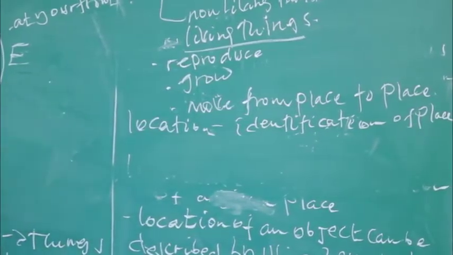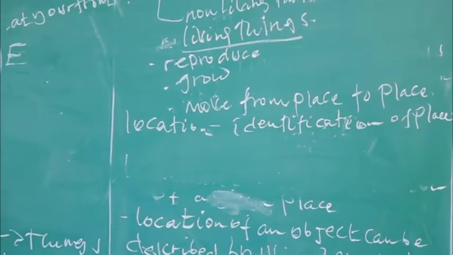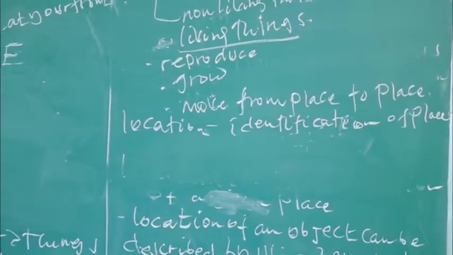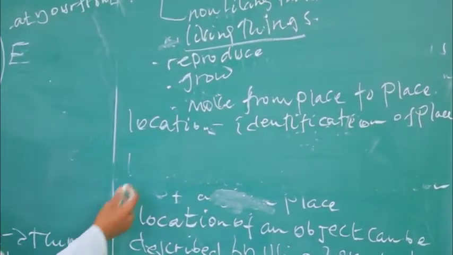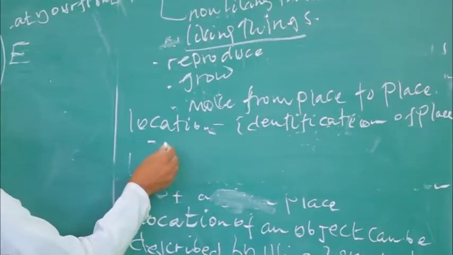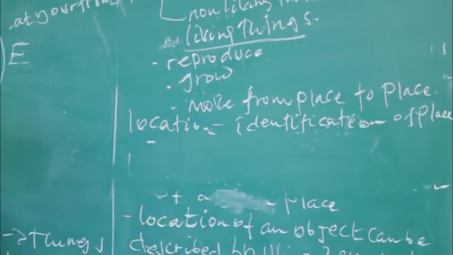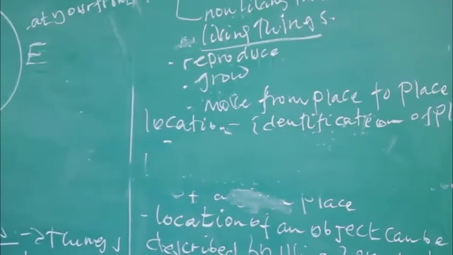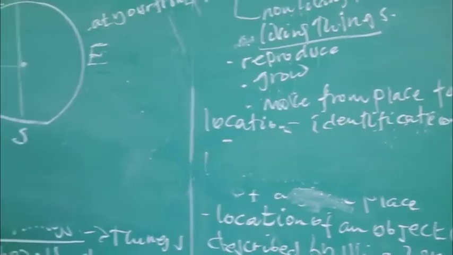We can identify a given object by using four directions: to the left, to the right, to the back, and to the front. You can locate a given object by using these methods.